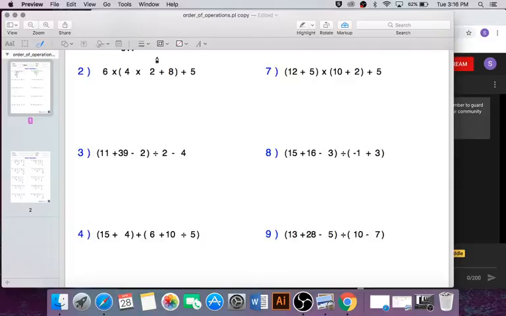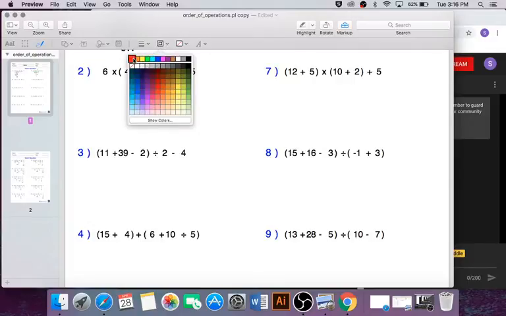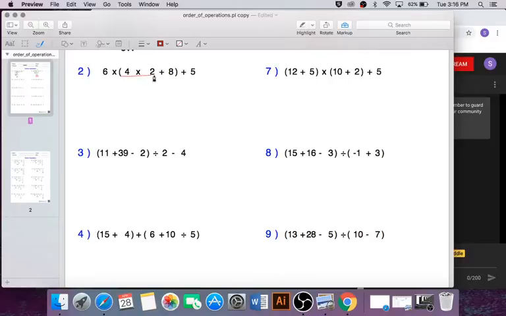Down here in this one, again, we're going to start with parentheses. So we're going to bring down our 6 times. And then the first thing we're going to do is our multiplication. So we have 4 times 2, which is 8, plus 8 is 16. Okay, now we have multiplication and addition.